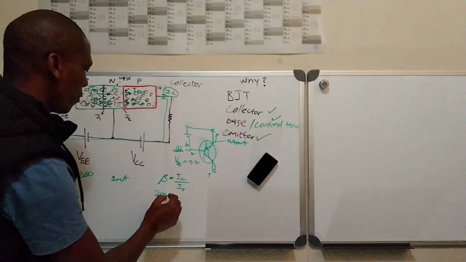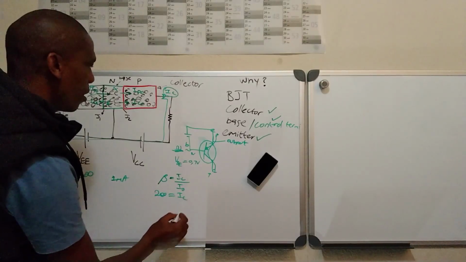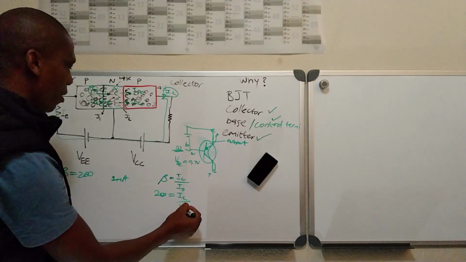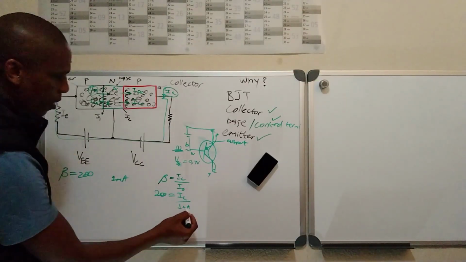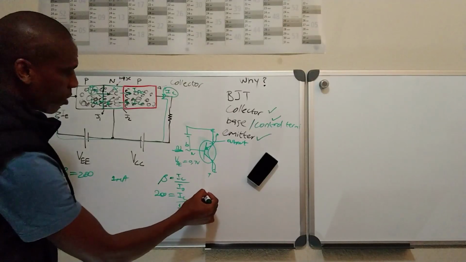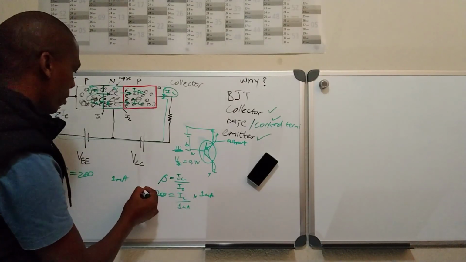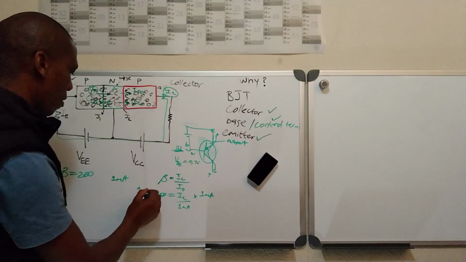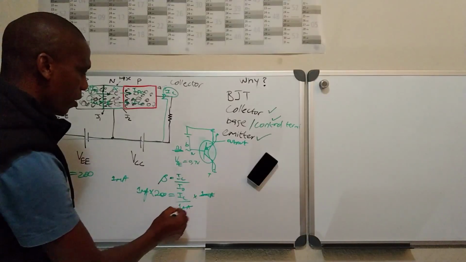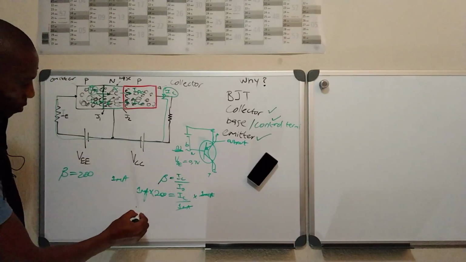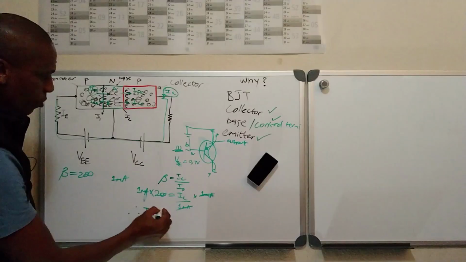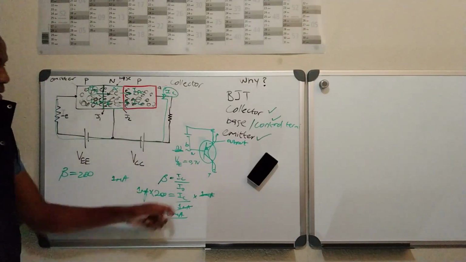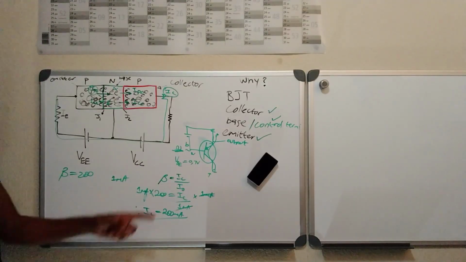You say 200 for beta is equal to IC, the collector current, all over 1 milliamp. And then you cross multiply on both sides by 1 milliamp. You know this one already would cancel. Therefore, IC is equal to 200 milliamps.